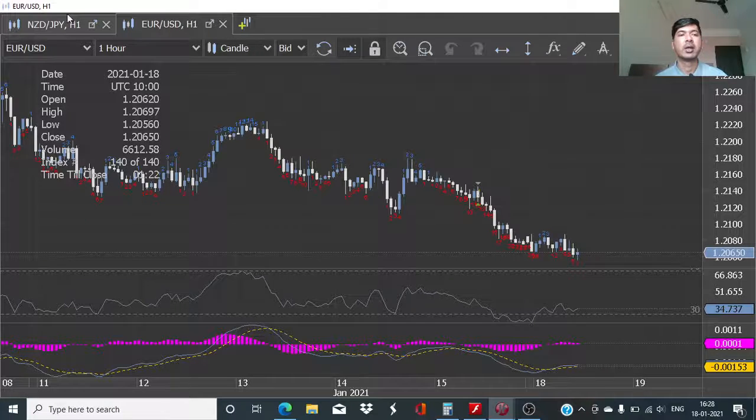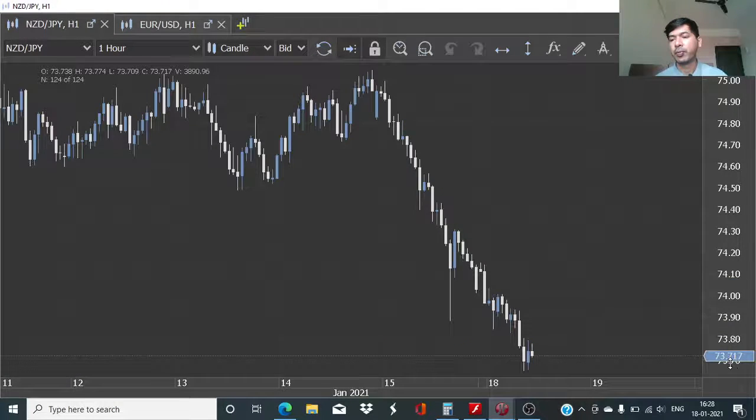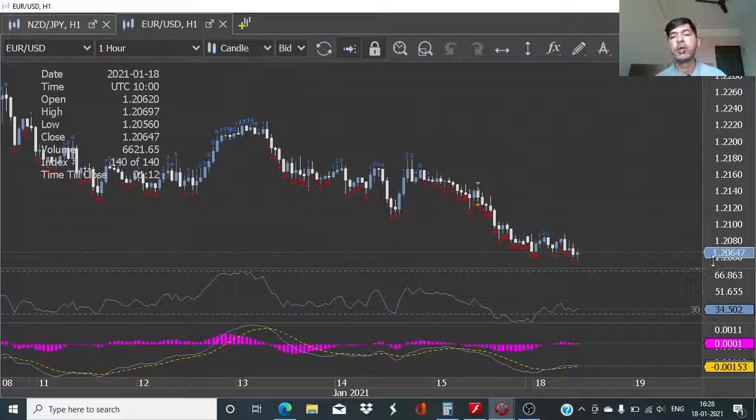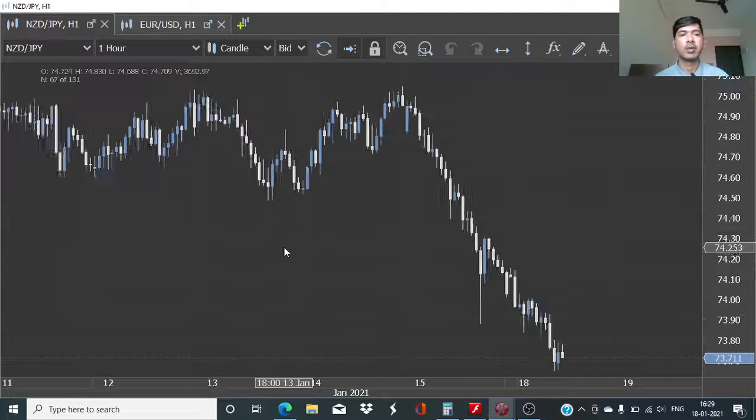When we are looking at a pip value for the NZD-JPY, it is 73.71, and for Euro USD it is 1.2064. So whenever there is an increase or decrease, we will also have to consider the fraction value, but overall these are the four decimal points which are considered while counting the pips.